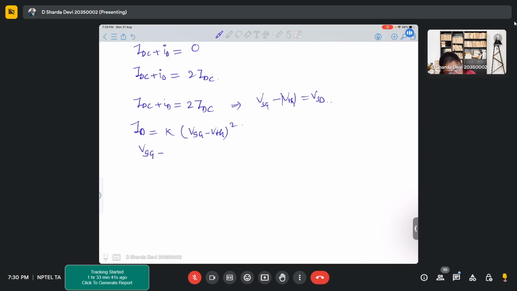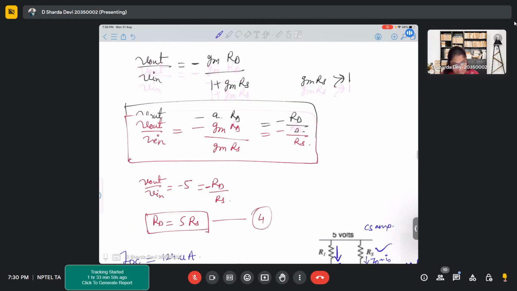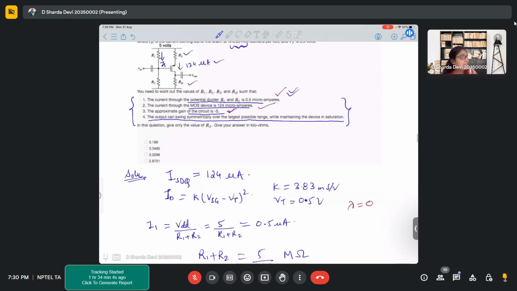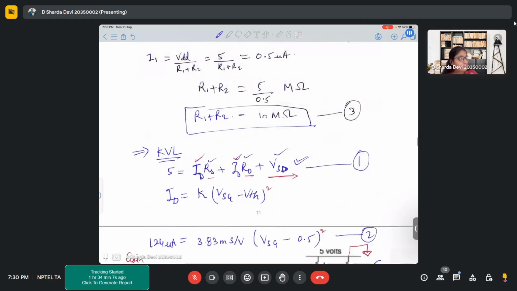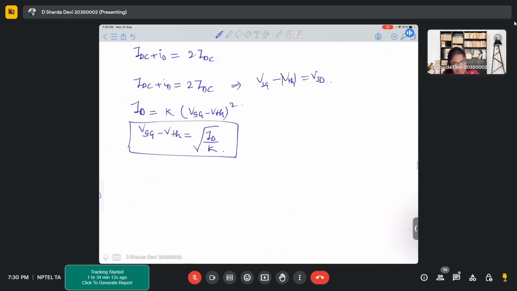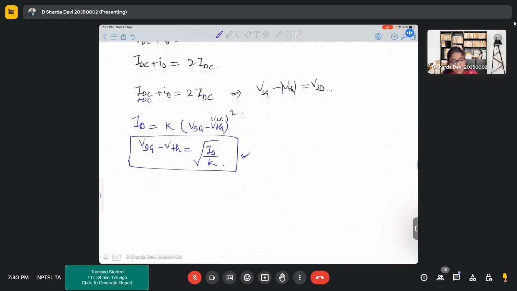So VSG minus VTH can be written as root under ID by K. For this particular case, VSG minus VTH is root under ID by K.